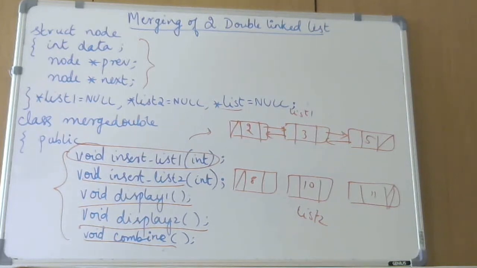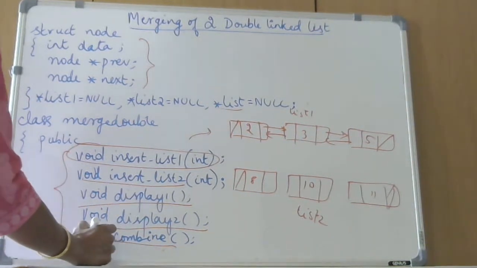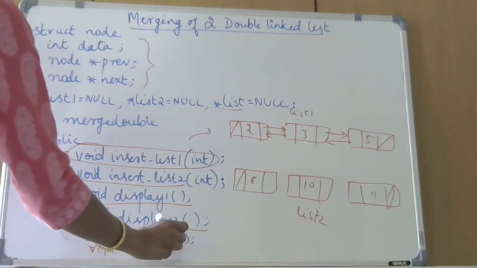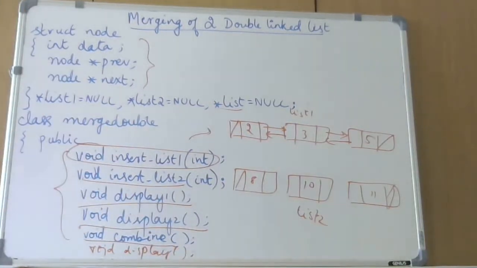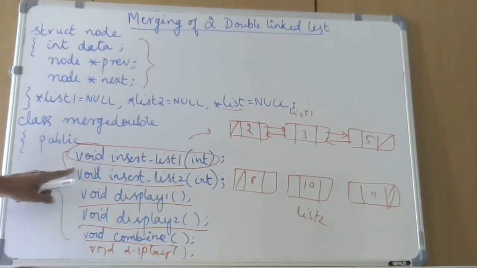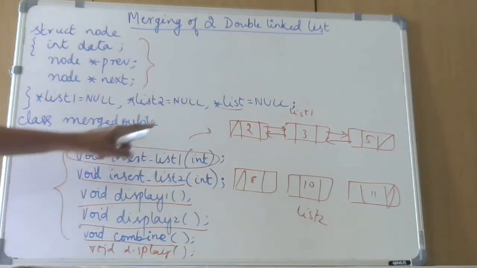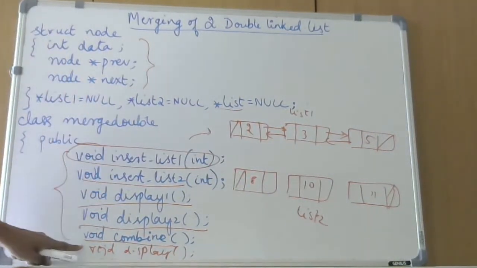I will write one more function, display, wherein I display the merged list. Display 1 is for displaying the first list, display 2 for the second list, and combine is going to merge these two lists, and then we will display the merged list. This is what we are going to do.